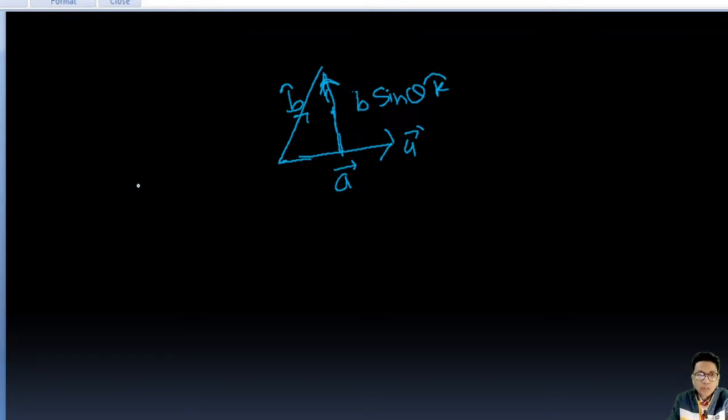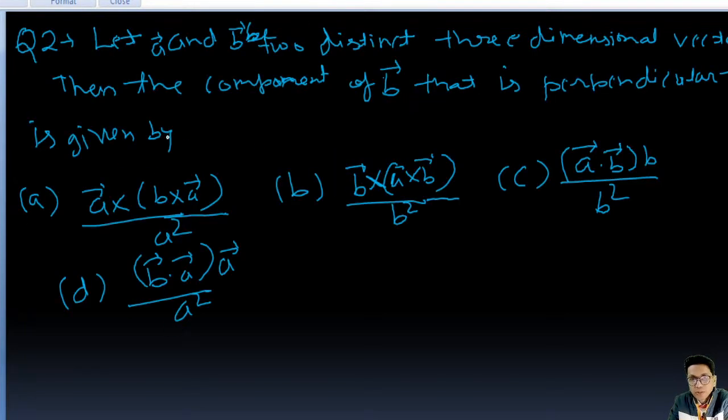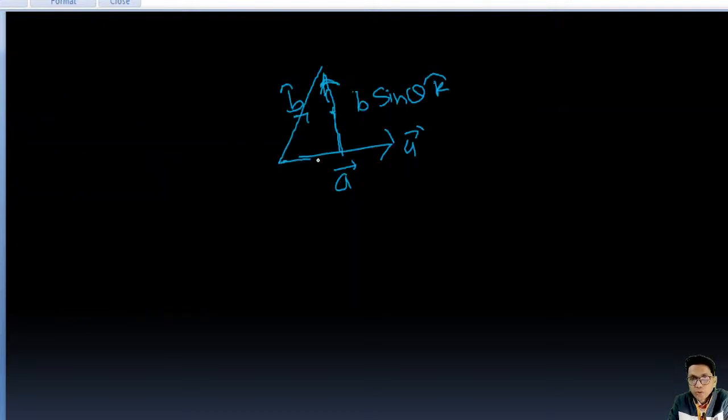So that's the question: A and B are two distinct three-dimensional vectors, and you need to find the component of vector B that is perpendicular to A. The value of this perpendicular vector is B sine theta k cap.